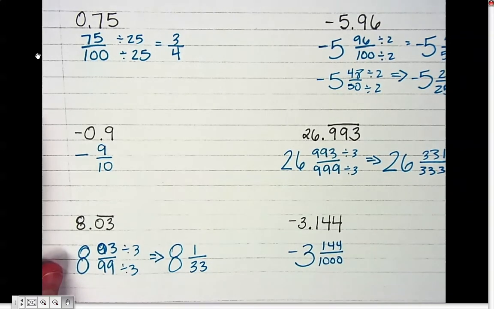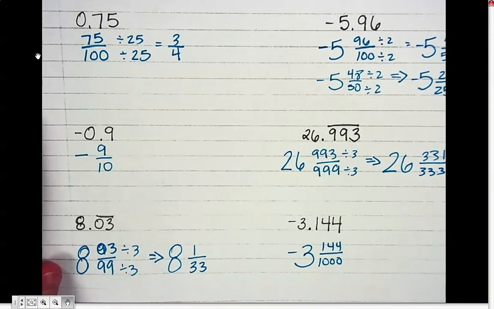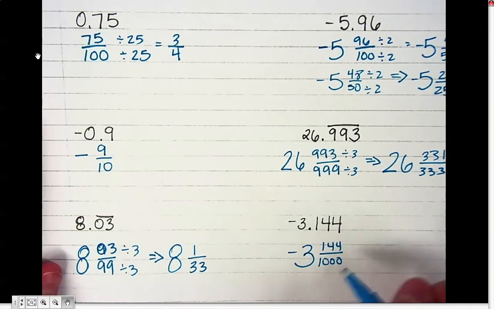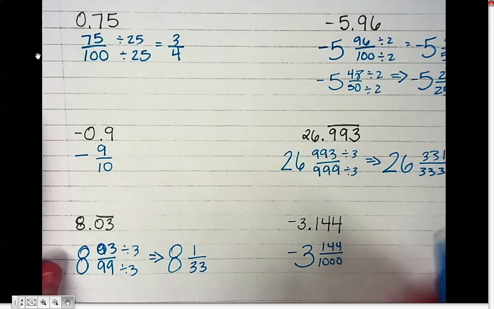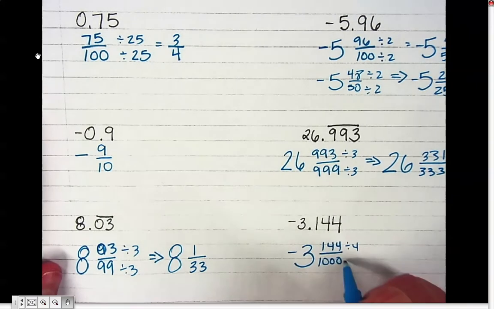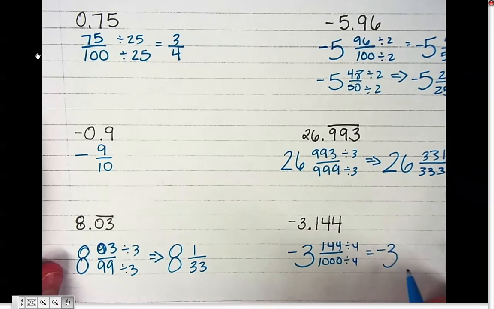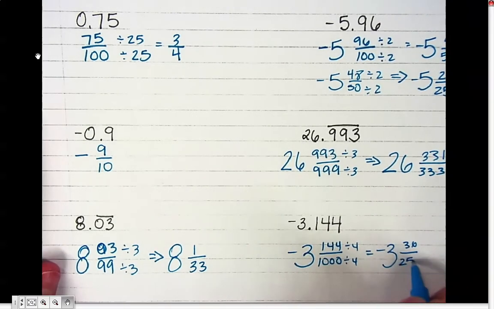And here, what am I going to divide by? I think I'm going to divide by 4. This looks like it's probably divisible by 4. I know this is divisible by 4. So I'm going to divide by 4, and that is going to give me -3 and 36 over 250.